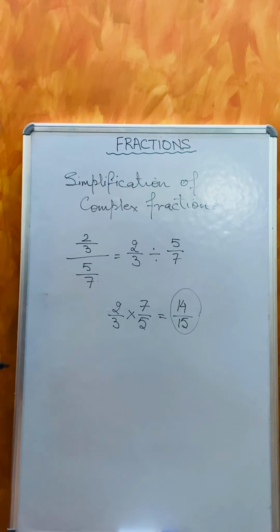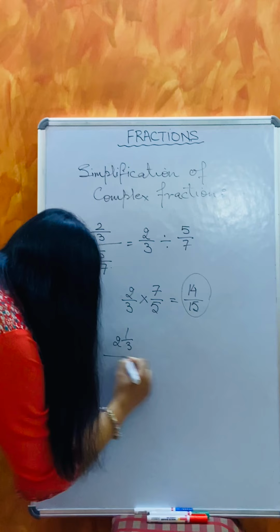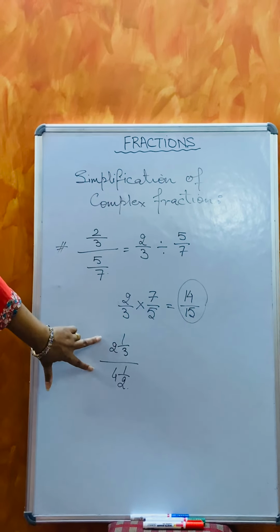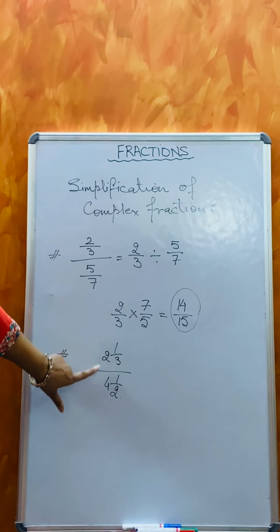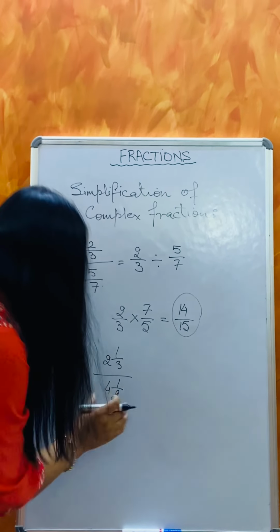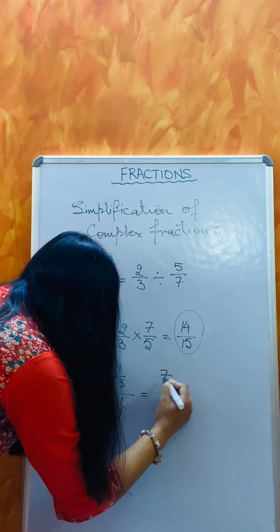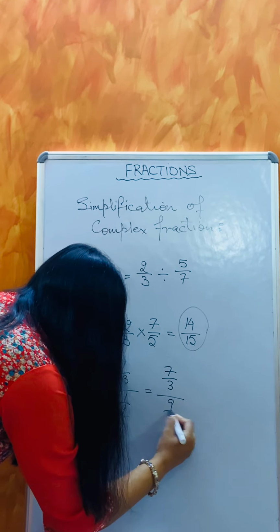Another example we can go for is 1 by 3 over 4 1 by 2. Here you can see that both are mixed fractions. First of all we will convert these mixed fractions into simple fractions. It comes out to be 3 2s are 6 plus 1, 7 by 3, and 4 2s are 8 plus 1, 9 by 2.